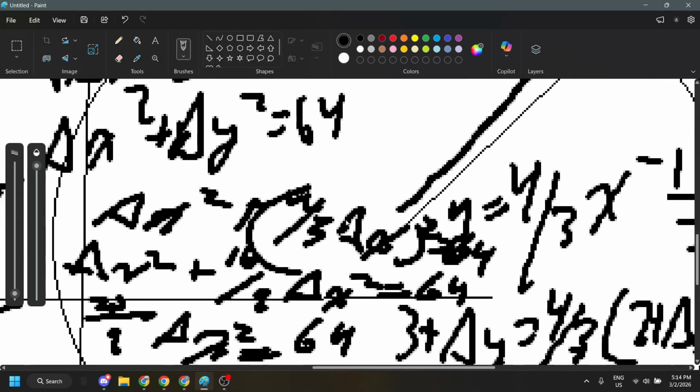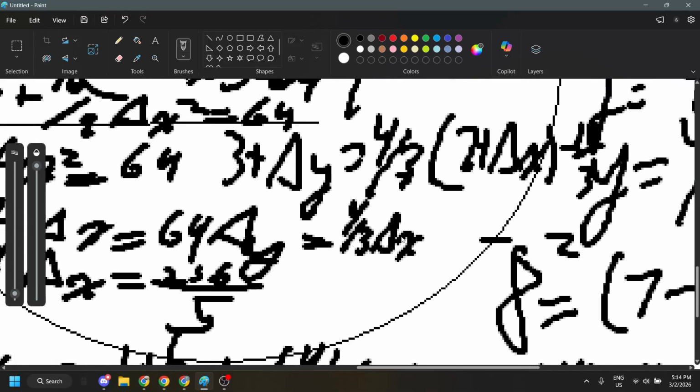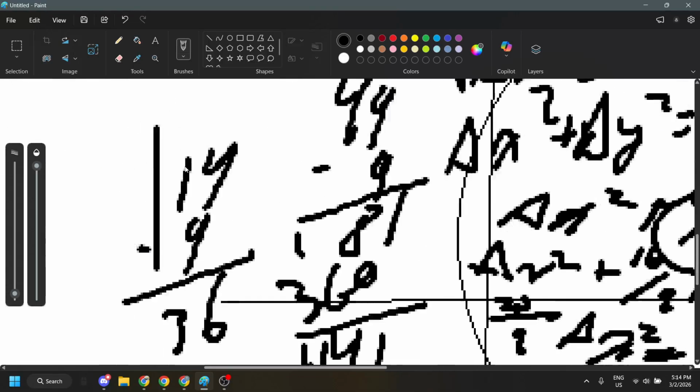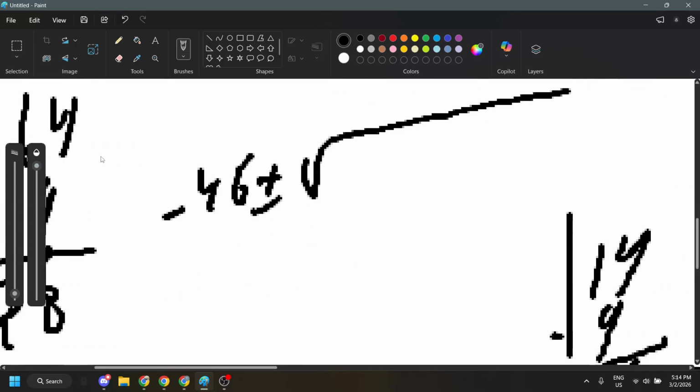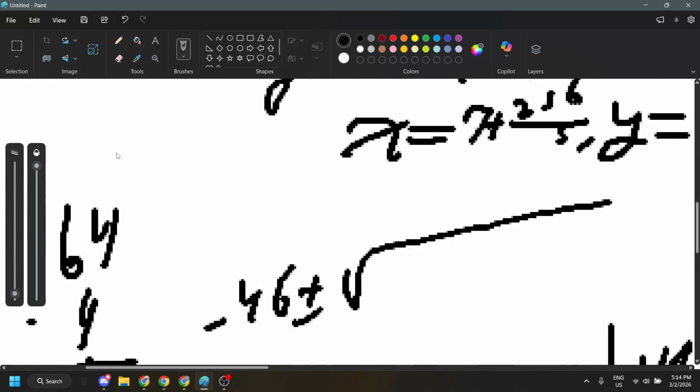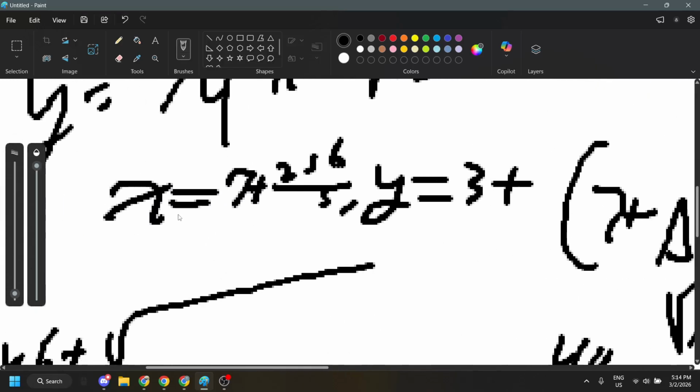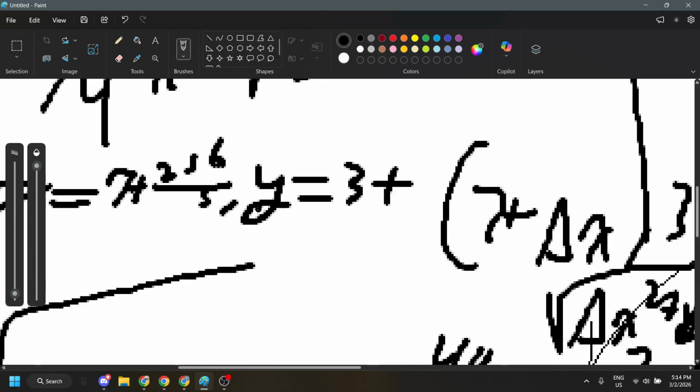Delta y, we said, was 4/3 delta x. So 4 times 256 is 1024, over 15.